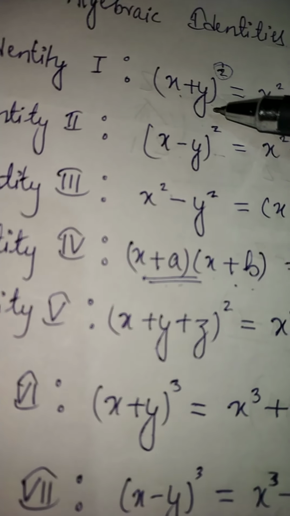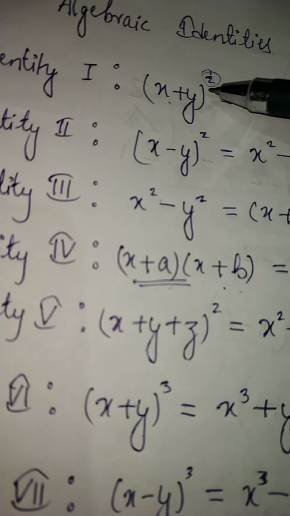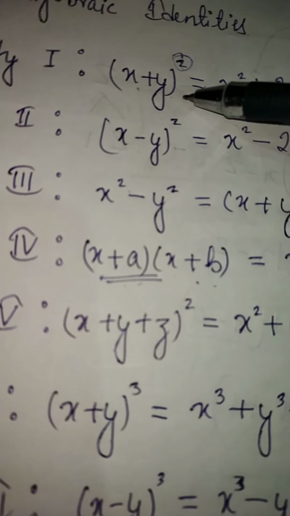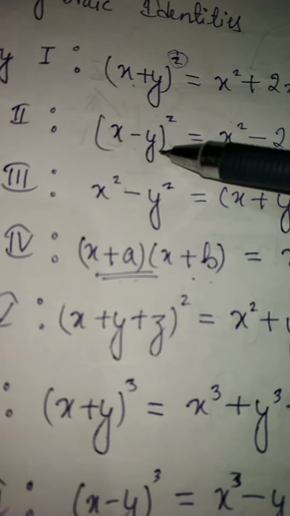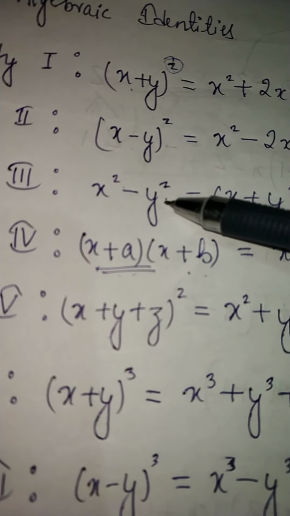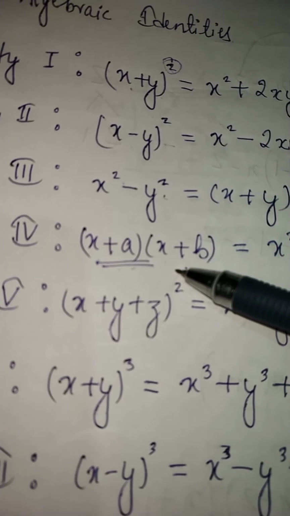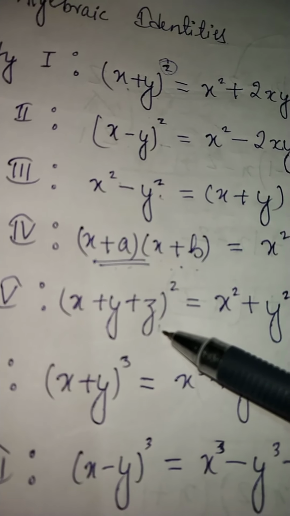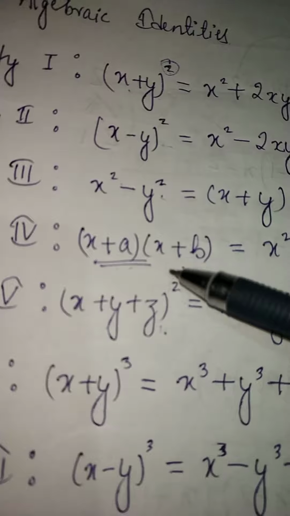In the first identity you have (x + y) whole square. So this identity we cannot use. The second, third, fourth and fifth identities also we cannot use, because there is a square, but we need a cube.